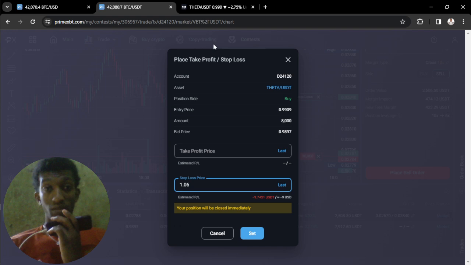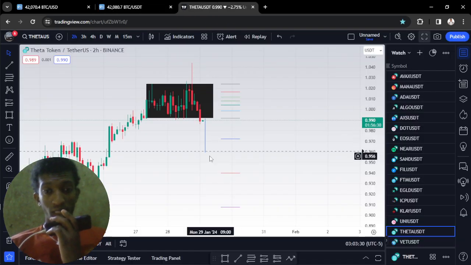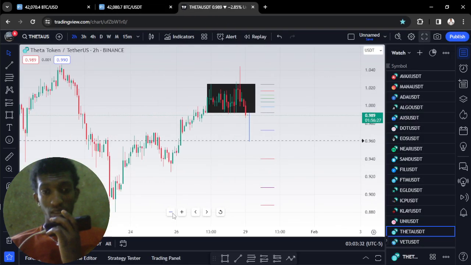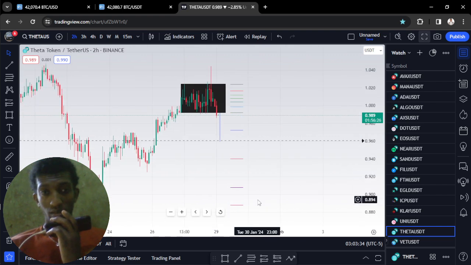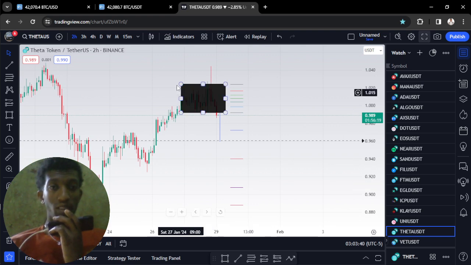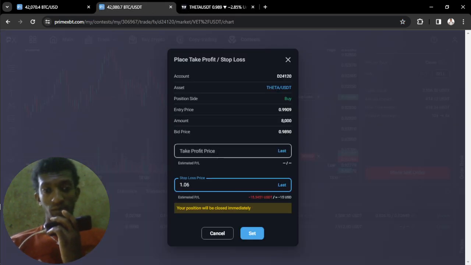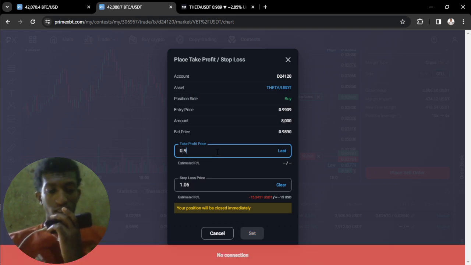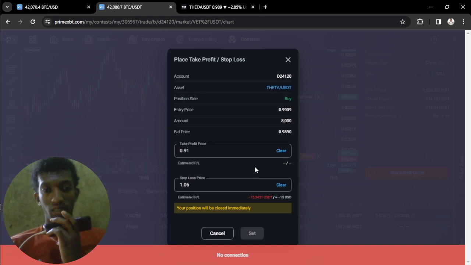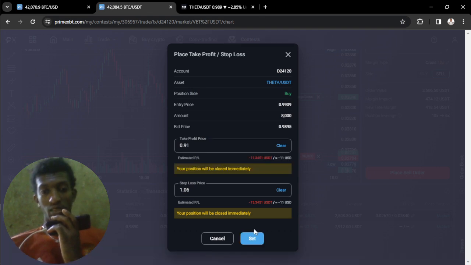Only 9? That's crazy. Take profit will be exactly at TP3. That is at 0.91. So we'll be setting this thing right.